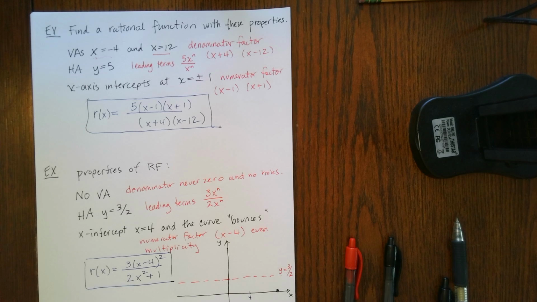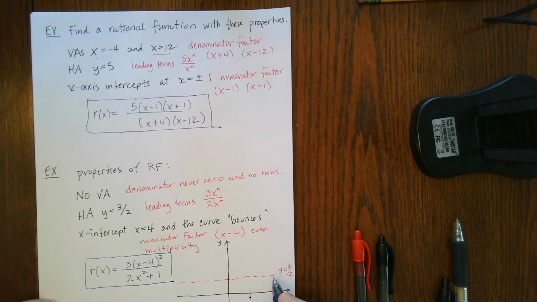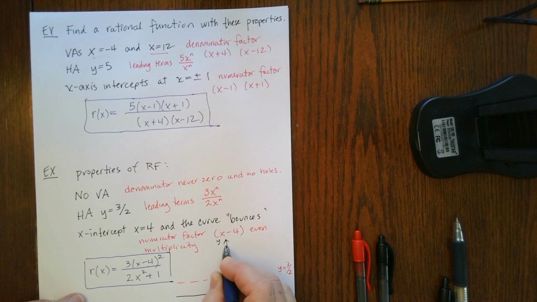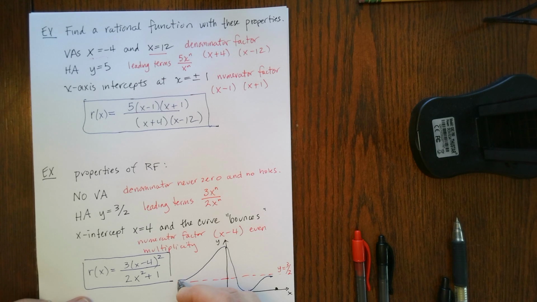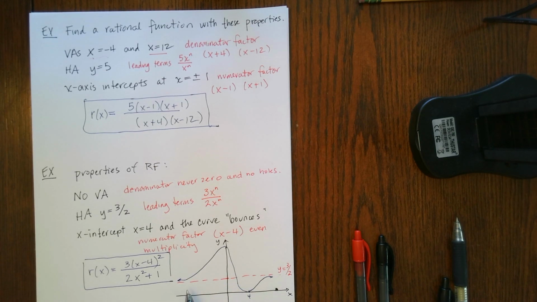So the function looks something like this. It's going to approach the horizontal asymptote as x goes to infinity, and say it comes down, hits 4, bounces off, and it's going to go up, and then have an end behavior again, approaching the horizontal asymptote on the left.